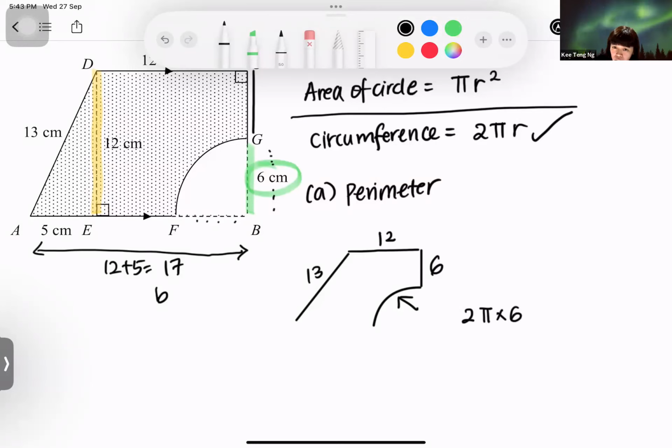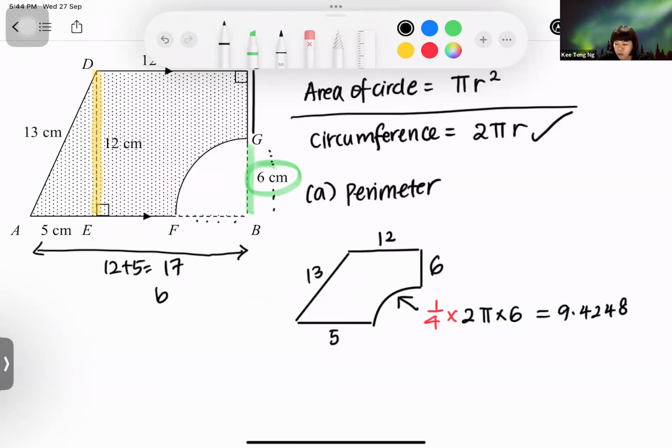But remember, it's a quadrant. So must times 1/4. Very good. Wait, let me calculate. 1/4 times 2 times pi times 6 gives me 9.424778. Then we add another one more portion, 5 cm.